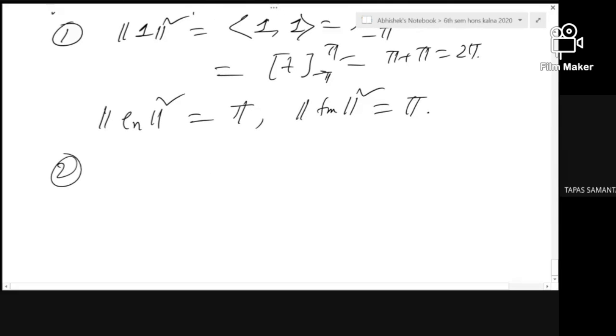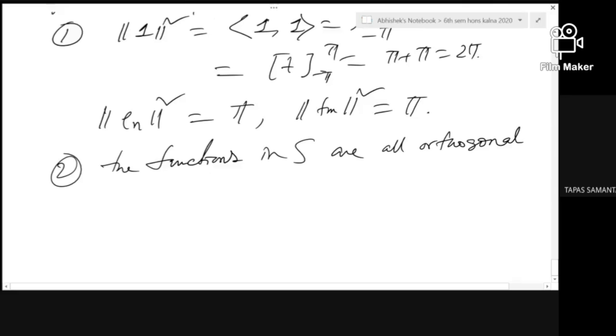Number two, the functions in S are all orthogonal to each other. Why? Just check it on your own: what is the inner product En comma Fm?